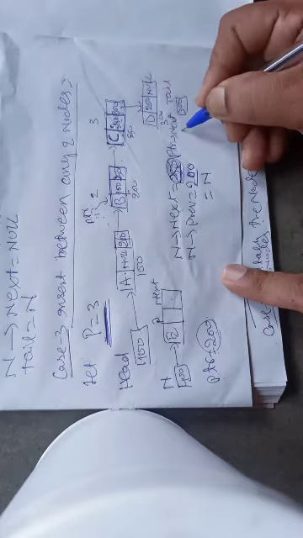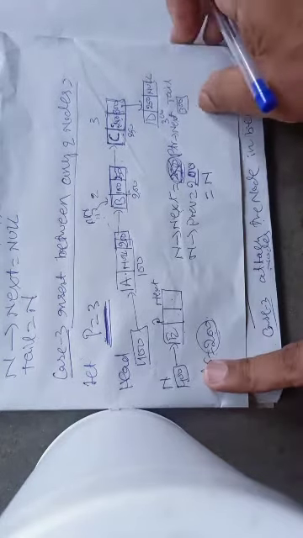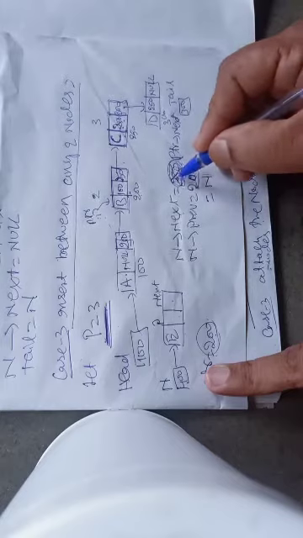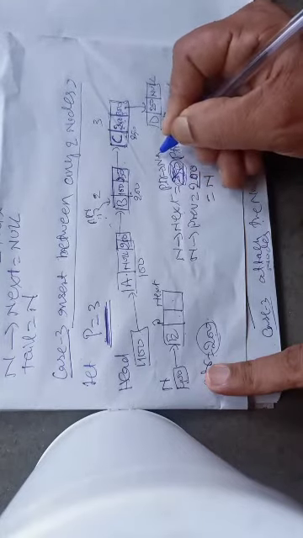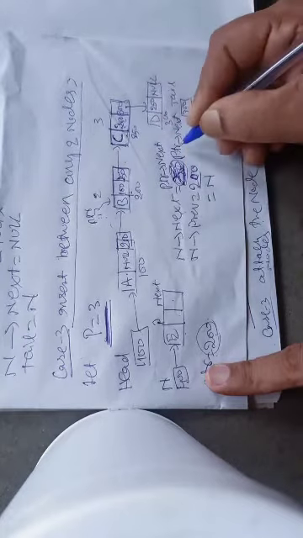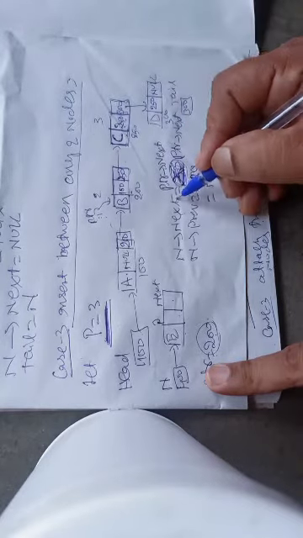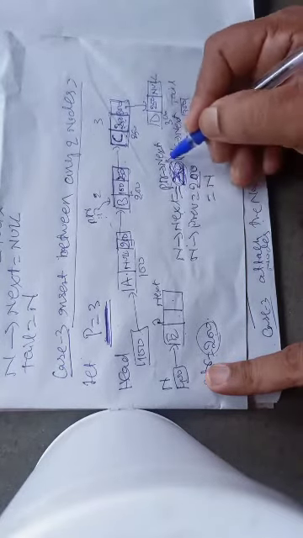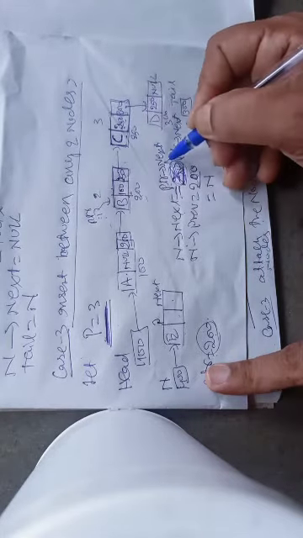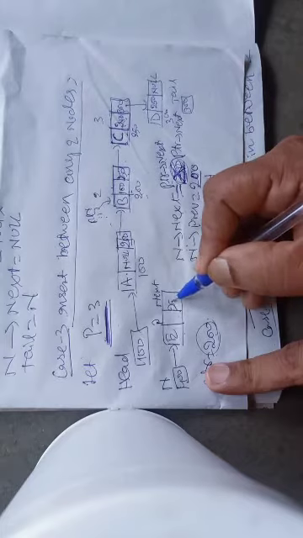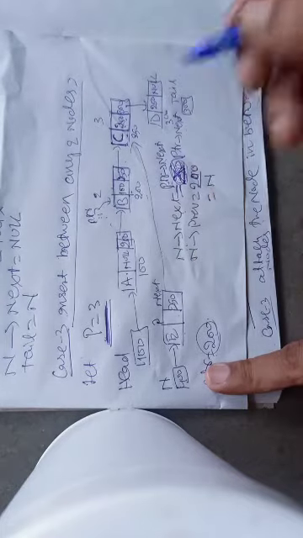So PTR of next is 250. Clear? So N of next equals PTR of next. Now PTR is 200, its next part contains 250. So 250 is assigned in N of next. Now this is 250, so it will point here.